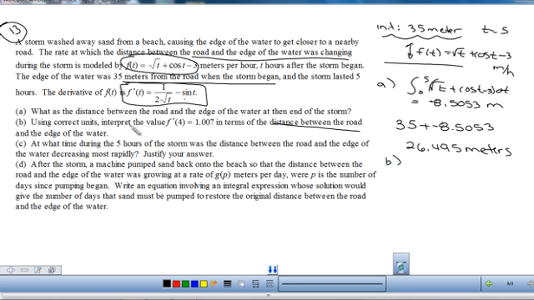Using correct units, interpret the value of f prime of 4, which is 1.007, in terms of the distance between the road and the edge of the water.